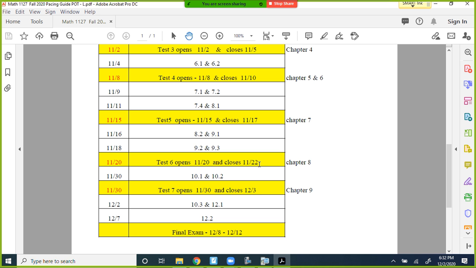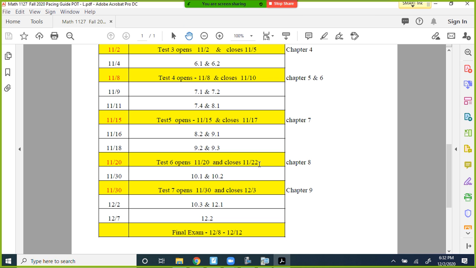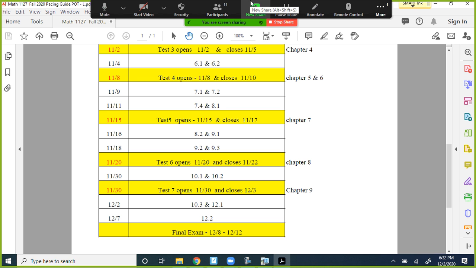Now, if you are one of the 25% that took it, and maybe even took it twice, I will delete one of your lowest attempts and allow you to have another attempt. Or if you want both of them deleted, then you have to send me an email that you want both of them. But there's just a handful of y'all that want that.